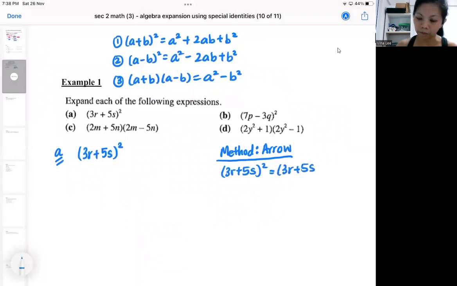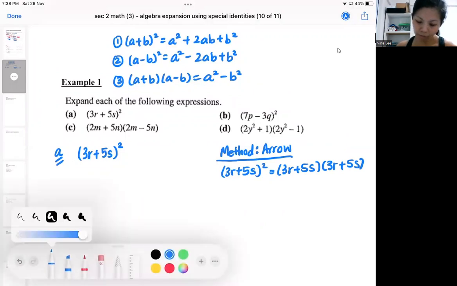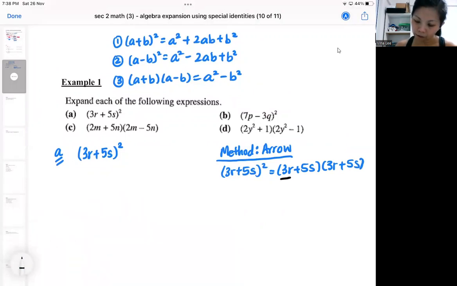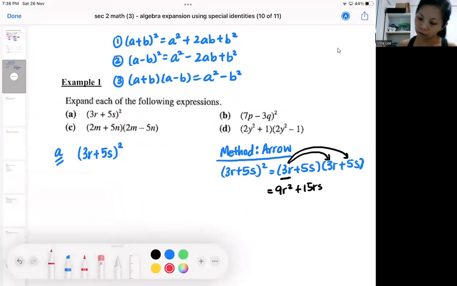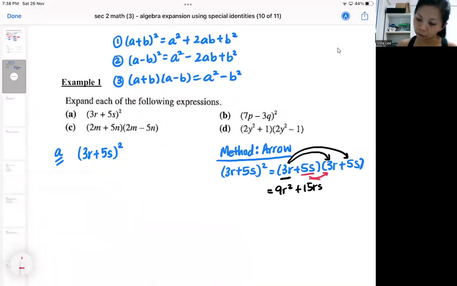By now, you should be very comfortable with the arrow method. The square means you are repeating the bracket. Take the first guy, multiply, multiply. So you get 9r squared. You get 15rs. Take the second guy, multiply to the second bracket.